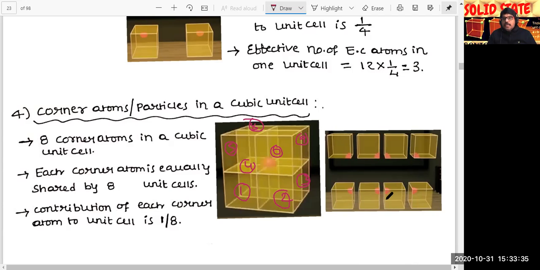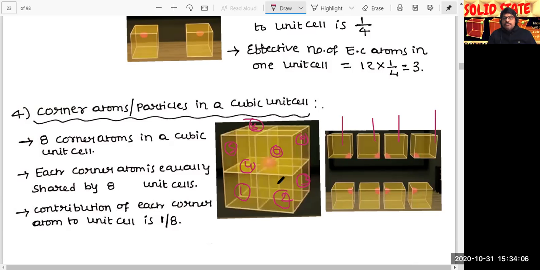Practically, as I already told you, it is not possible to cut like this. But what I'm trying to convey is that if you want to calculate the number of constituent particles, you need to know how many atoms are from face center, body center, edge center, and corner. Here the corner particle is equally shared by 8 unit cells, and each unit cell is getting 1 by 8.